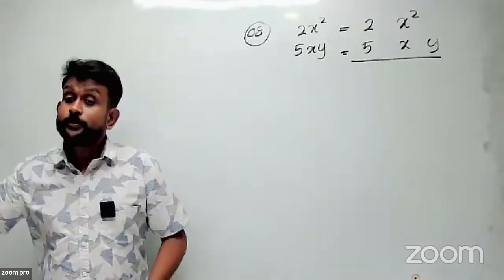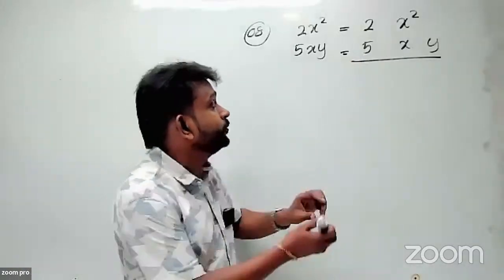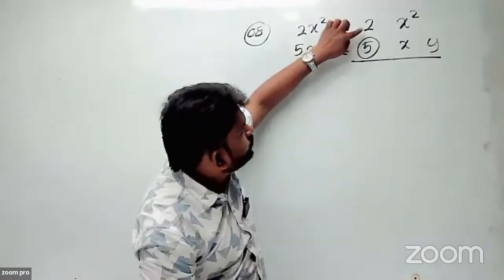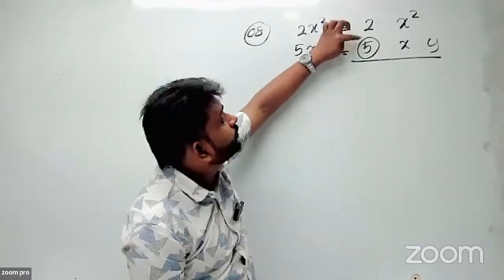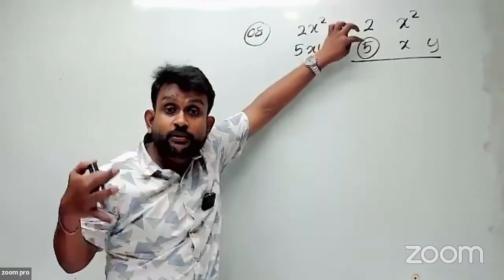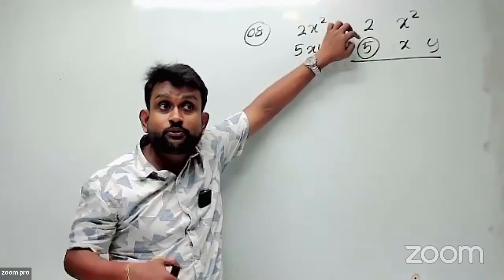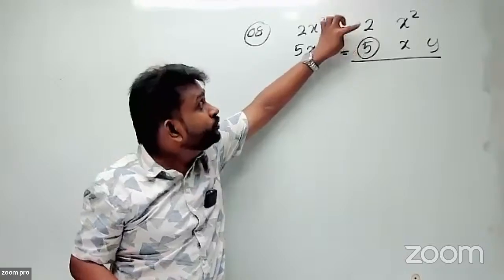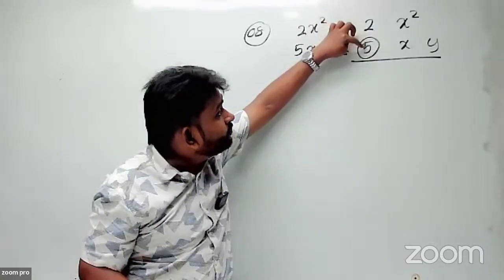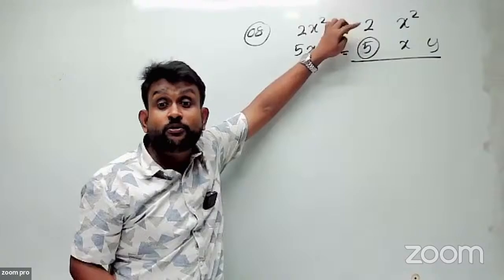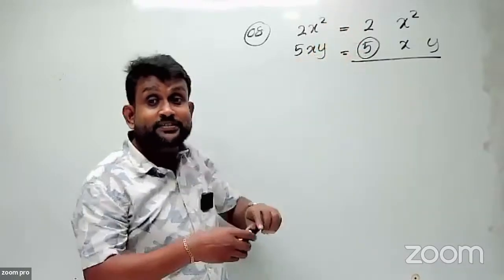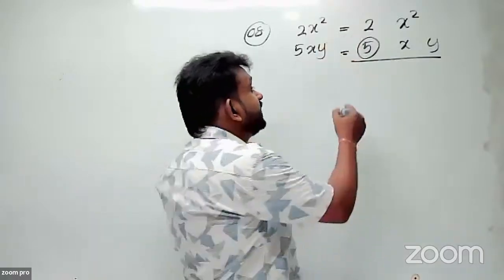Take the highest value, 5, and check whether 2 can convert to 5 with multiplication. No. Then check the second multiple of 5, which is 10. 2 can convert to 10. Yes, so the LCM of these two is 10.